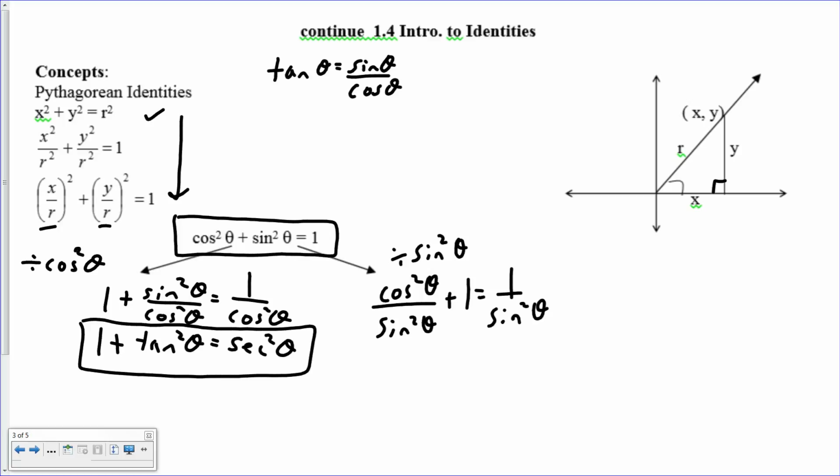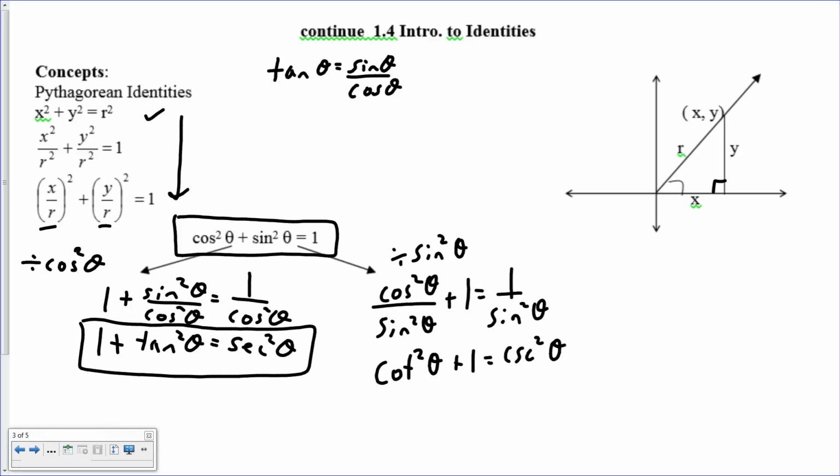Same principle, and therefore I can simplify this. Cosine over sine is the same thing as cotangent. Therefore, this is going to be cotangent squared theta plus 1 equals cosecant squared theta.